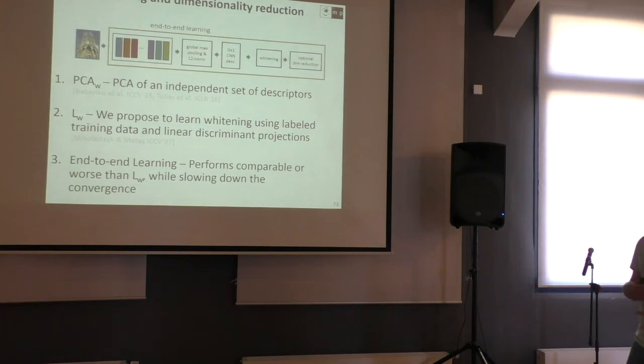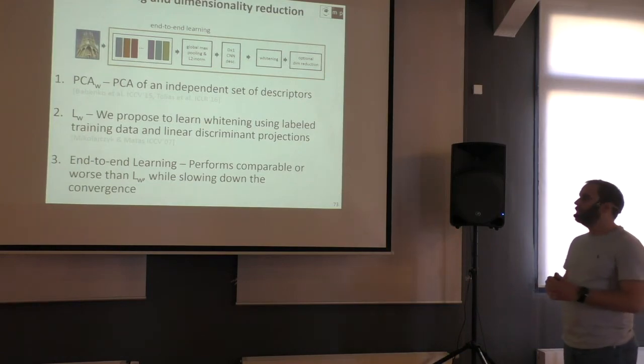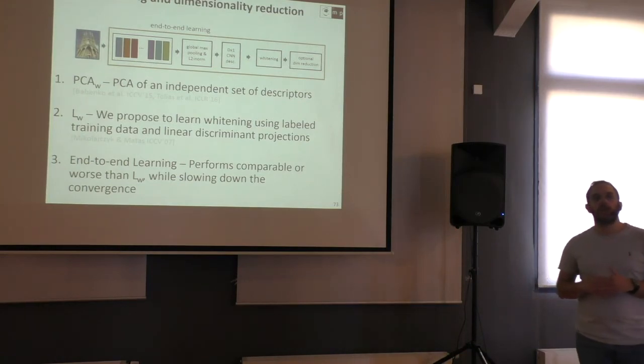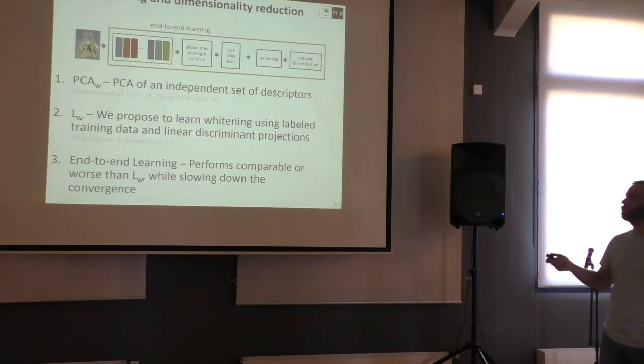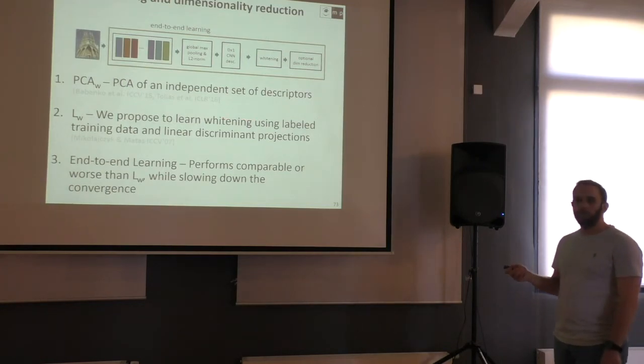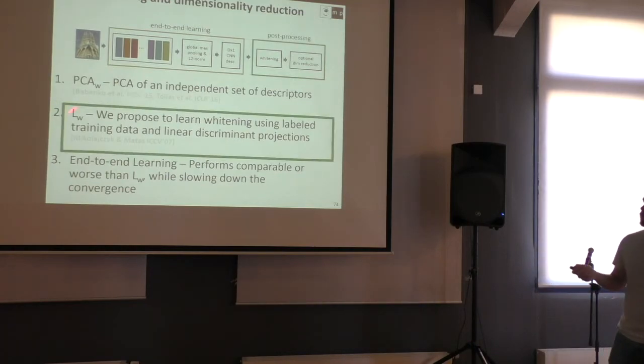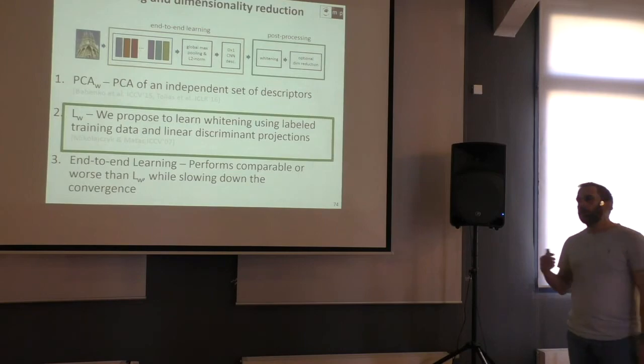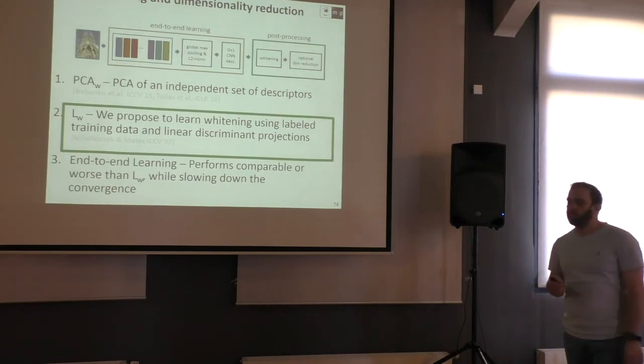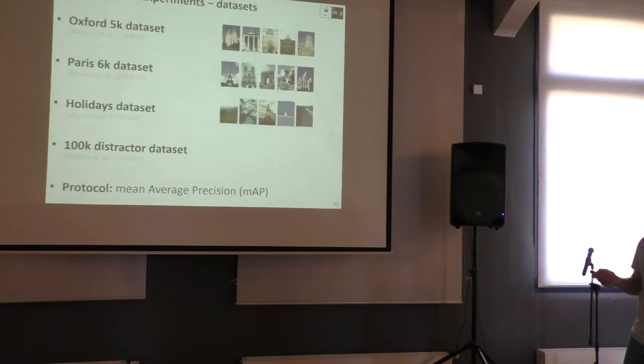However, this was shown to slow down the convergence and to be at most as good as the method 2. So given that it was slower and never better, we just stick to the really fast post-processing and learning whitening in a supervised way with the training data we generate.